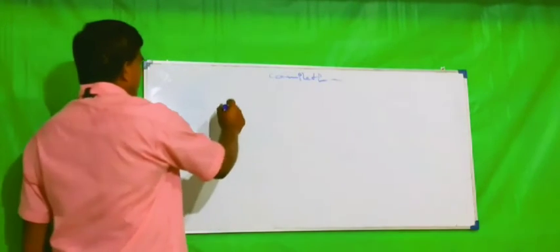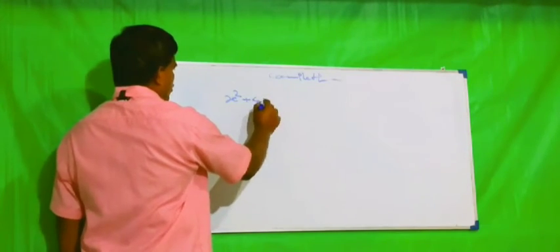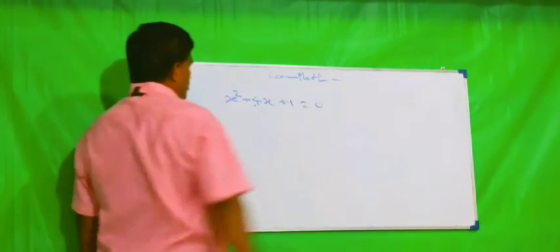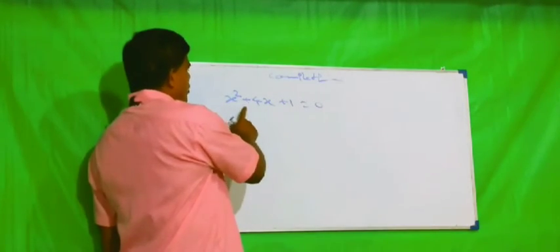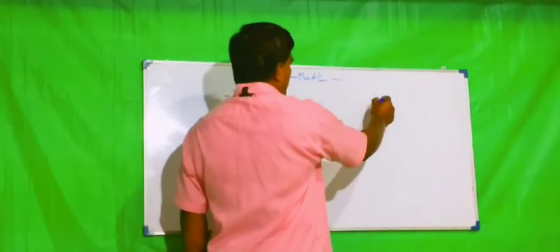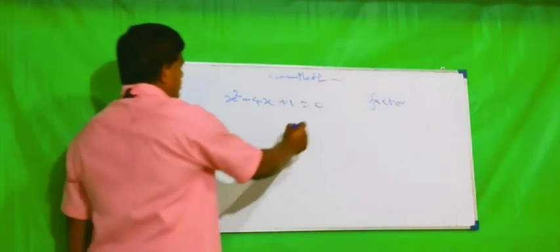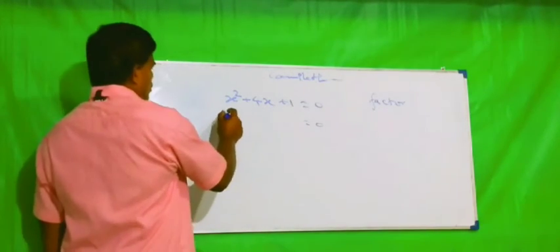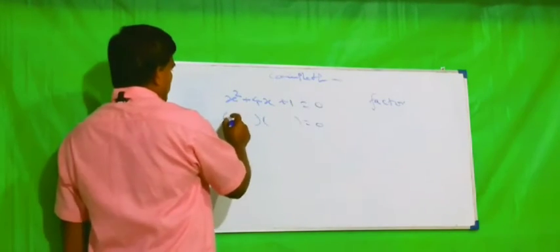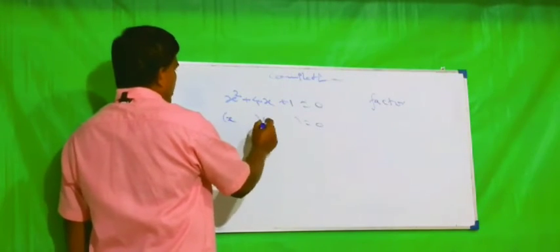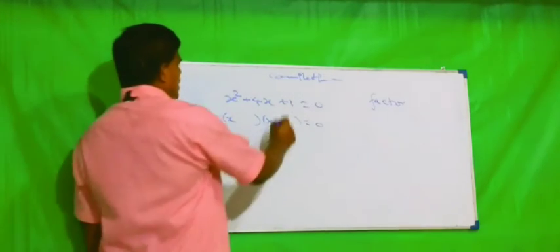So if we take another quadratic equation in this form to solve, and try to solve this equation by using factors itself, let's try to get the two factors on the left side as usual. Then the first terms of each factor are x, and the last term is 1.